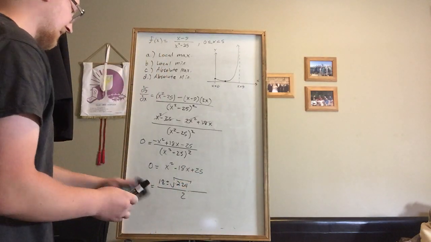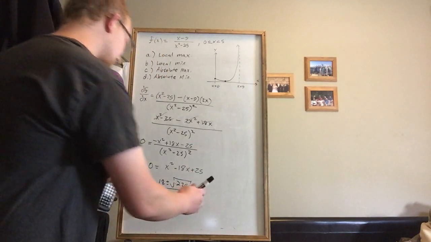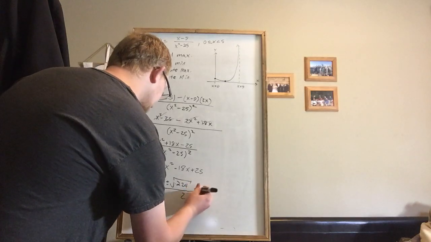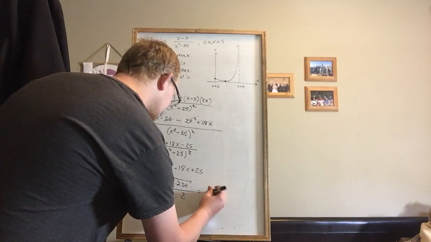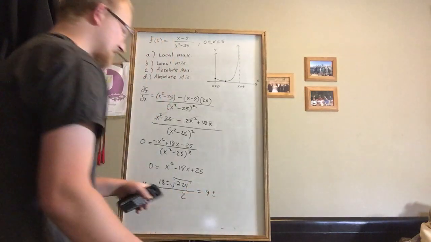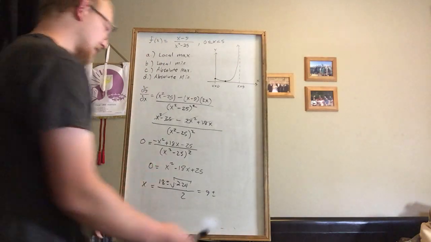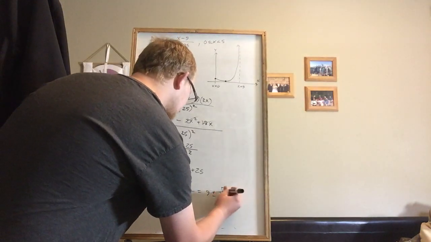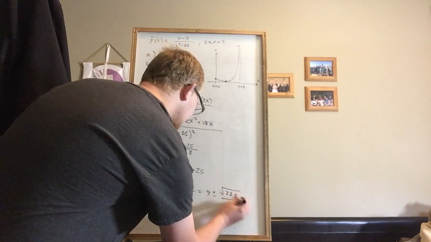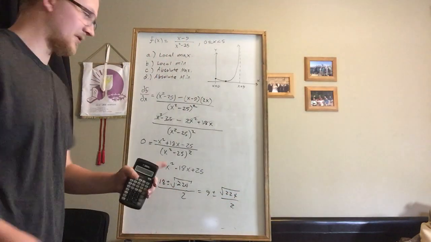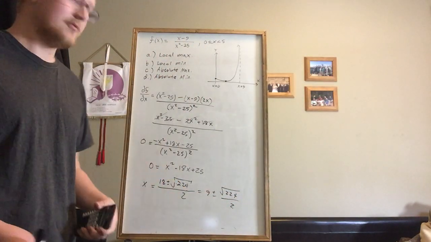And now we can simplify this by dividing both by 2. So 18 divided by 2 is 9, plus or minus square root of 224 divided by 2. What I like to do here is I want to get my 2 under the root.